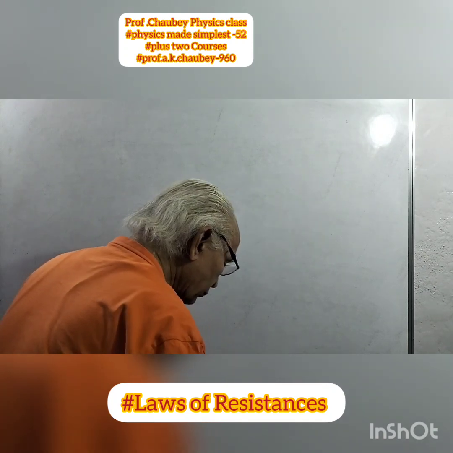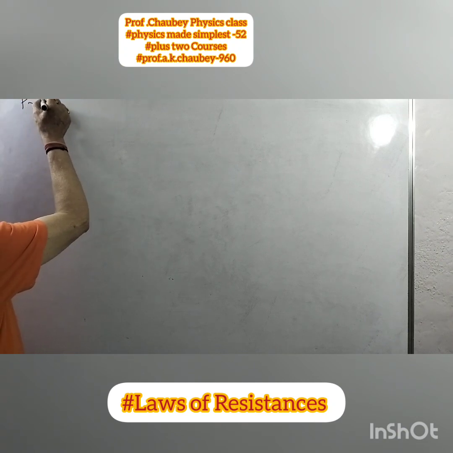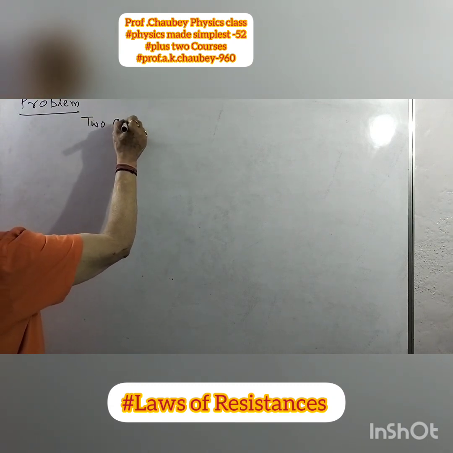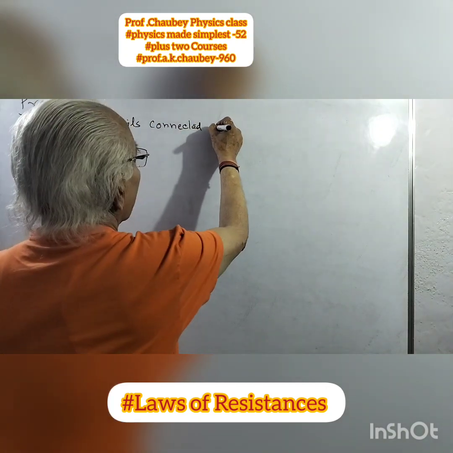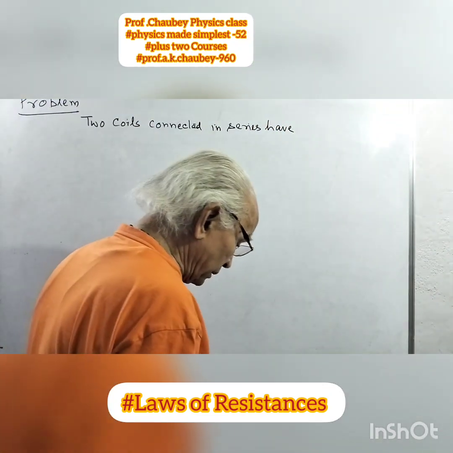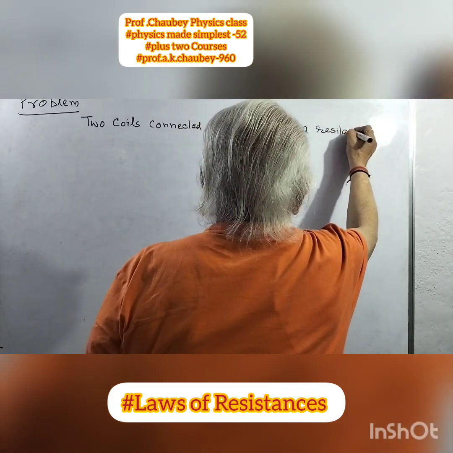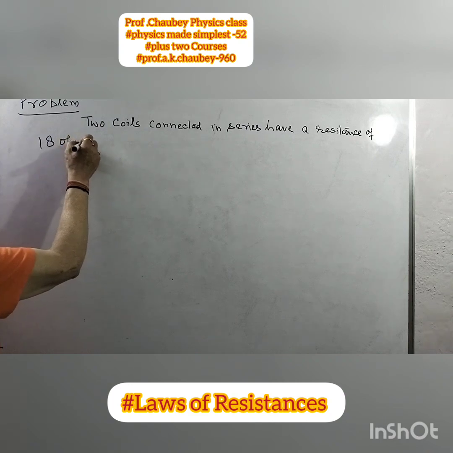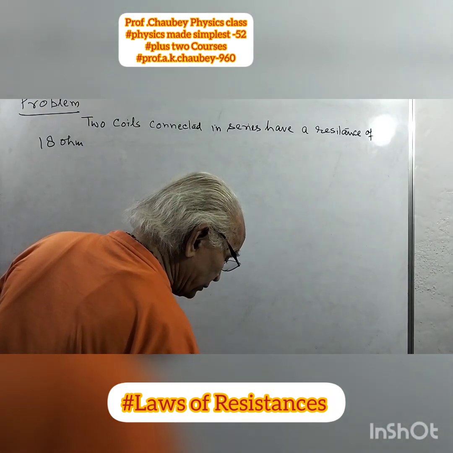Say, two coils connected in series have a resistance of 18 ohm, and when connected in parallel have a resistance of 4 ohm.